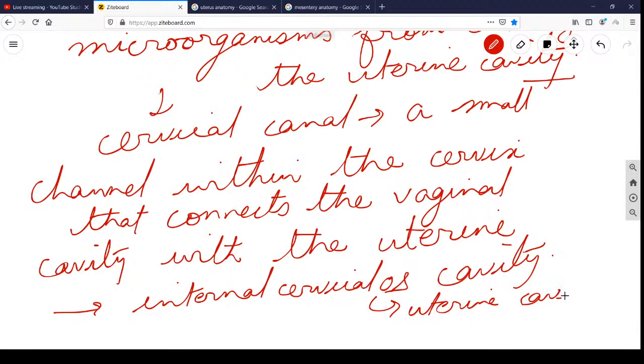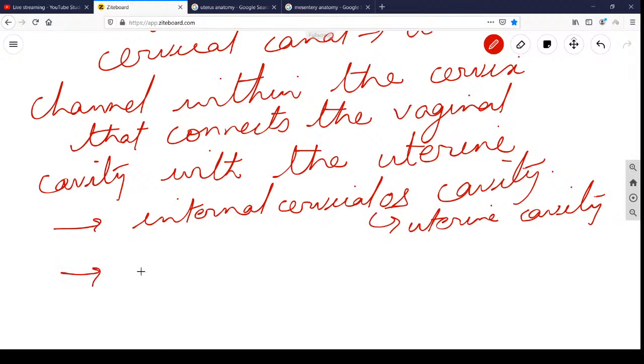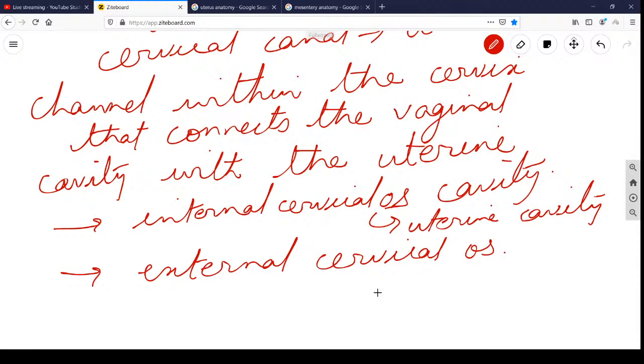You might have seen this in various prescriptions and reports. This is the way the nomenclature has been made.